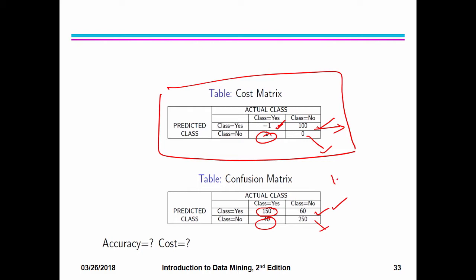So, it should be 150 into -1 plus 100 into 60 plus 40 into 1 plus 250 into 0, because it does not have any value. This will be the total cost.